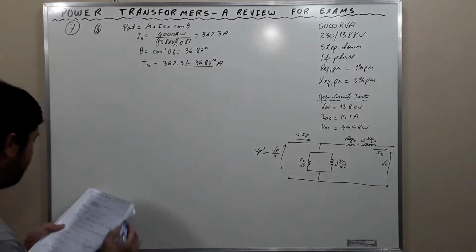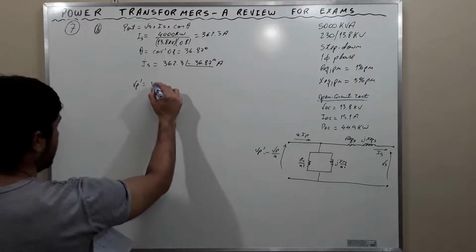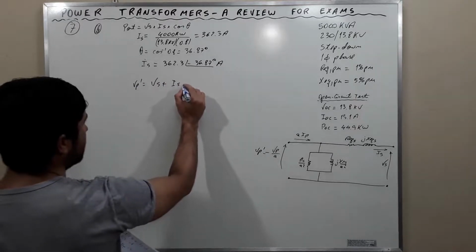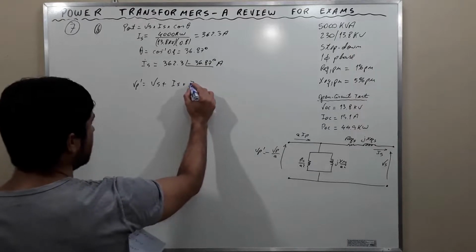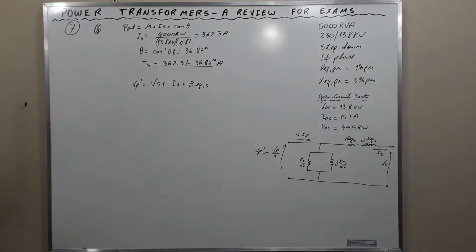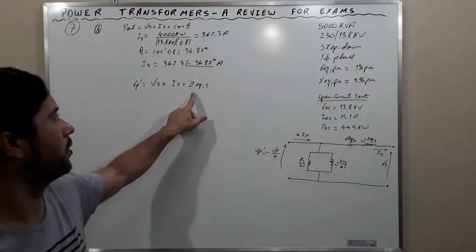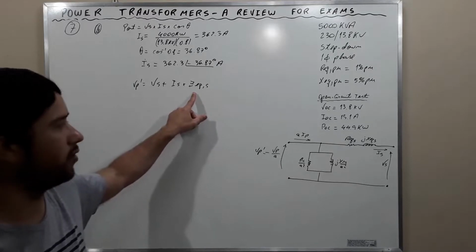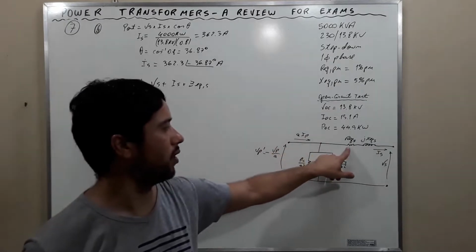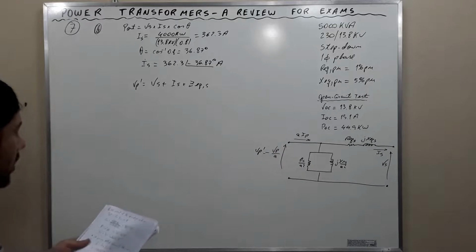All right, the Vp prime is equal to Vs plus Is times the equivalent impedance referred to the secondary side. Sorry, I said reactance. The equivalent impedance is the equivalent resistance plus the equivalent reactance.